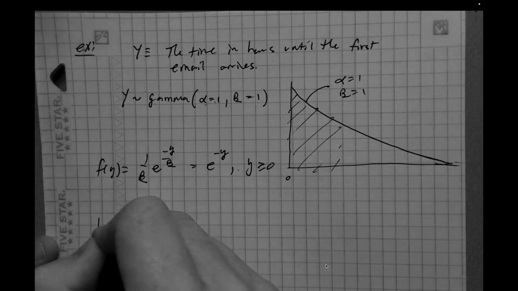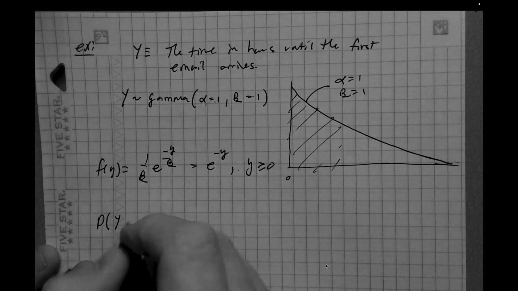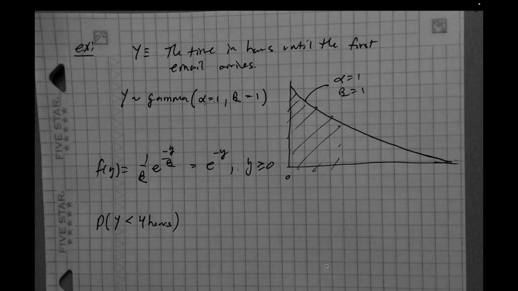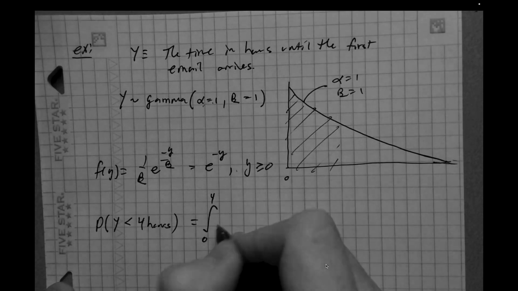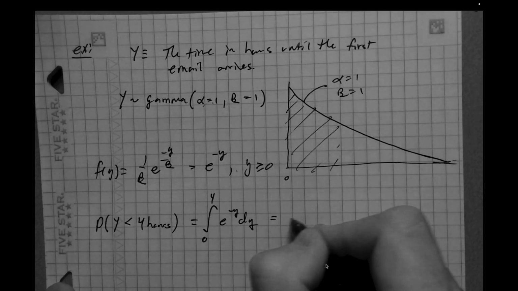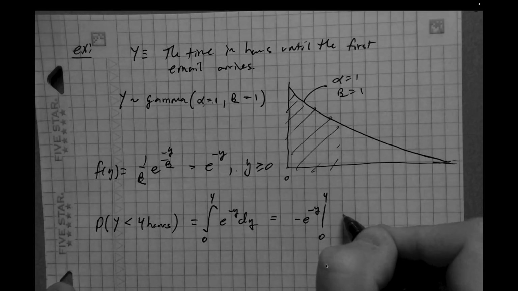And so what's the probability that y is less than 4 in this case? The probability that y is less than 4 hours. In this case, we're talking about the probability that the first email arrives within 4 hours. Right, and so that's just going to be equal to the integral from 0 up to 4 of e to the negative y dy, and that, of course, is equal to negative e to the negative y, evaluated from 0 up to 4.